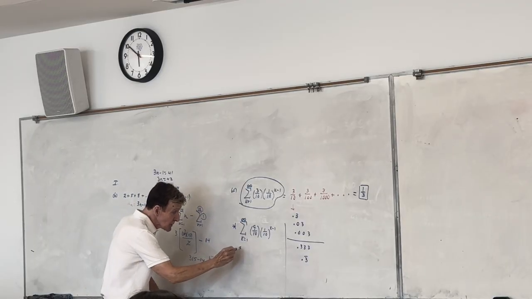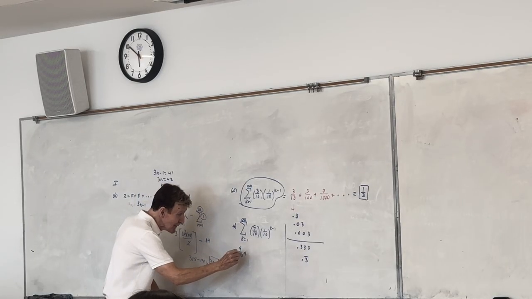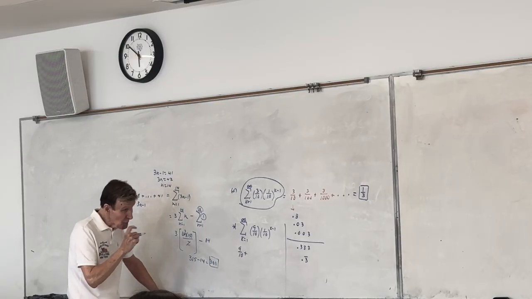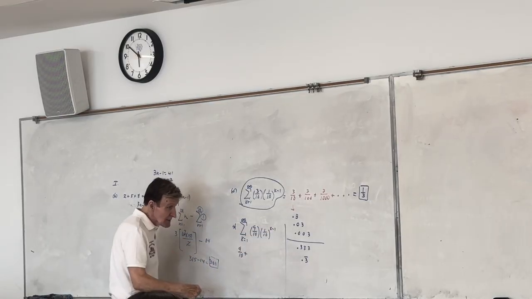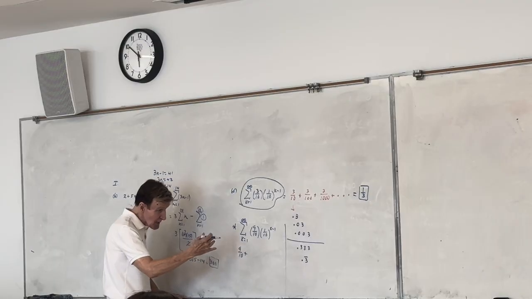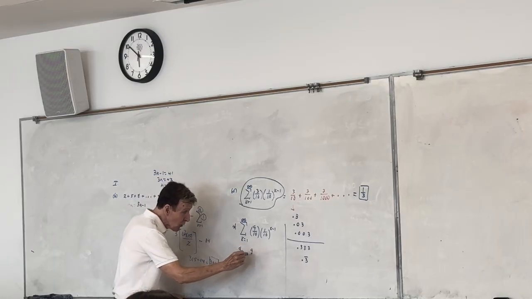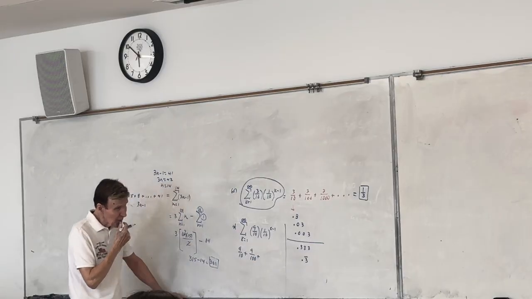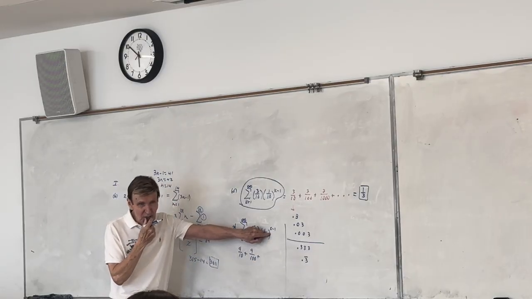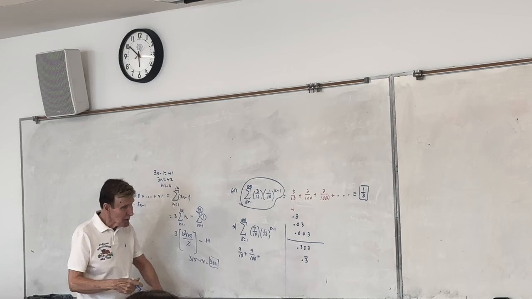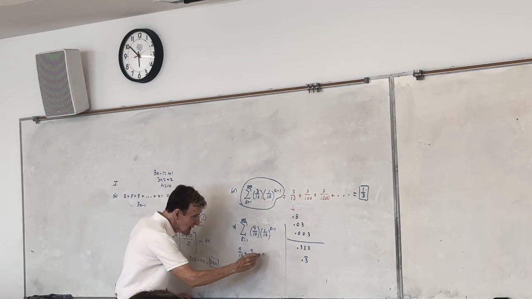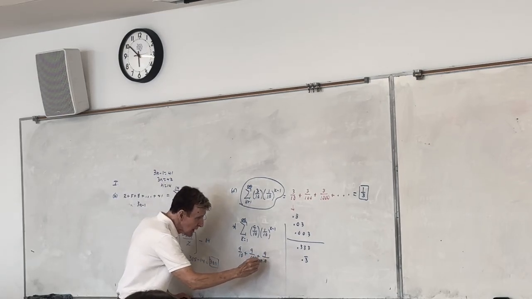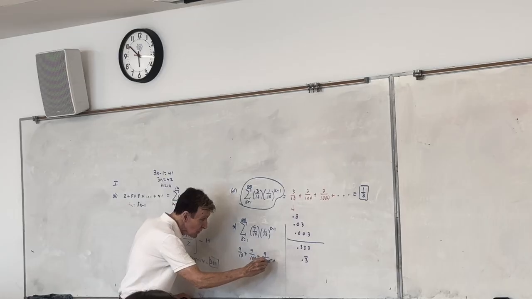So altogether, the first term is 9/10. If I replace k by 2, I end up with 1/10 to the first times 9/10. That'd be 9 over 100. Let's try one more. Replace k by 3 in this one, 1/10 squared, which is 1 over 100, times the 9/10 is 9 over 1,000, and this is supposed to be going forever.